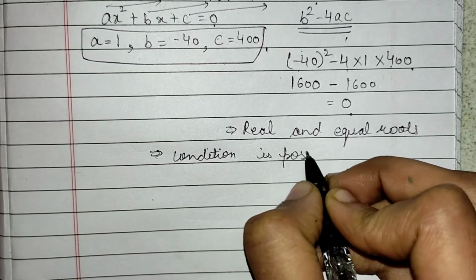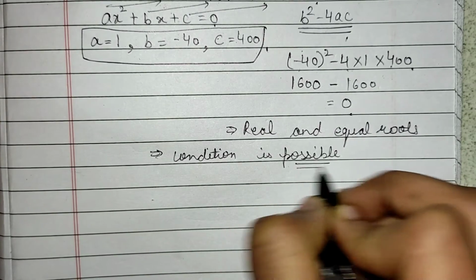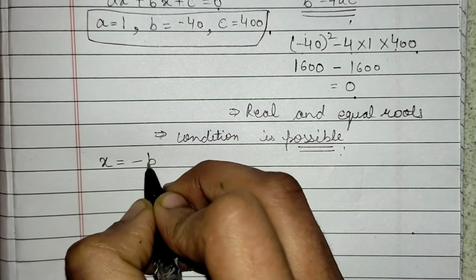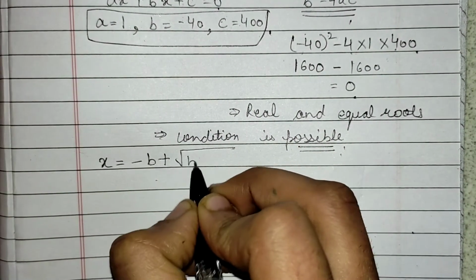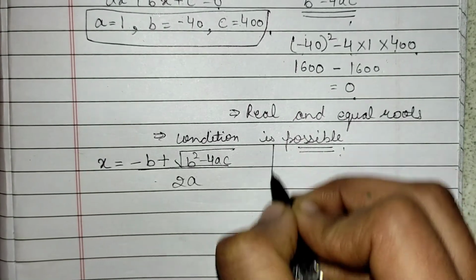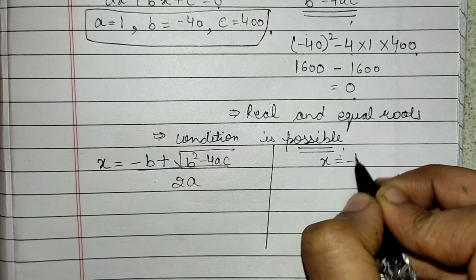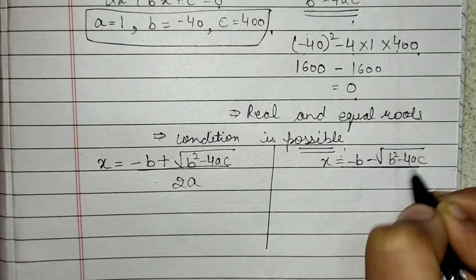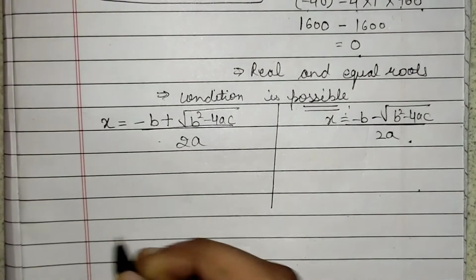Okay, so what you will do next, you have to find out these roots also. So you will use this formula, minus b plus under root of b square minus 4ac by 2a, and the second formula also, minus b minus under root of b square minus 4ac by 2a.